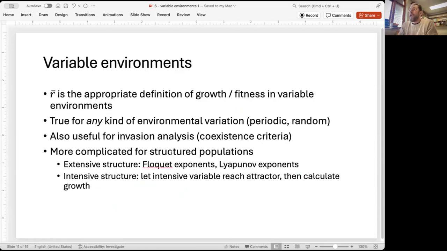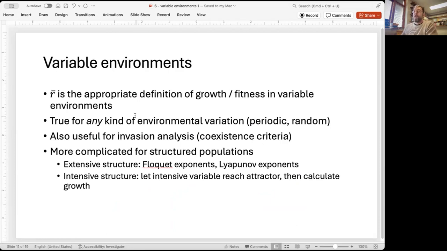Okay. All right. So that's basically warm-up part one. R bar, the average growth rate, is basically the appropriate definition of growth or fitness in variable environments for these unstructured populations like we have here.